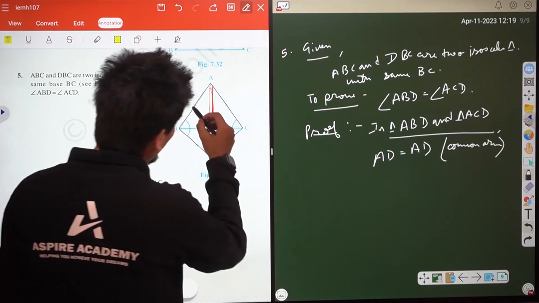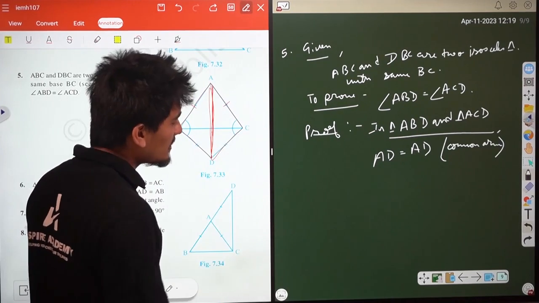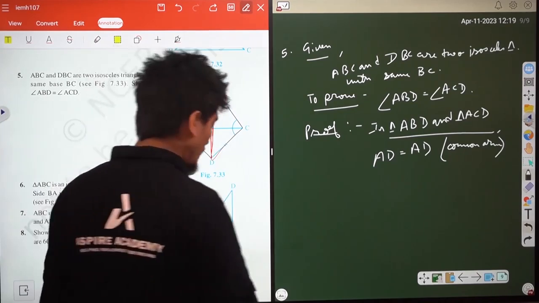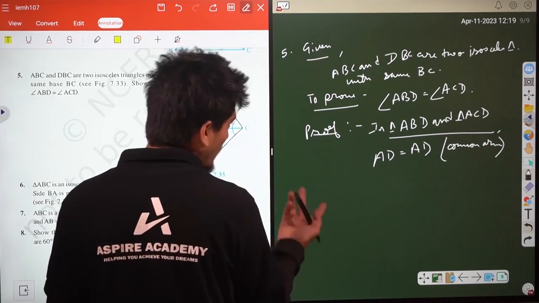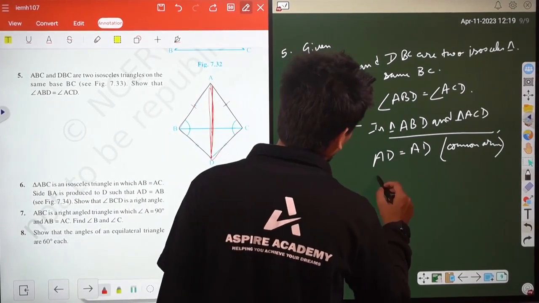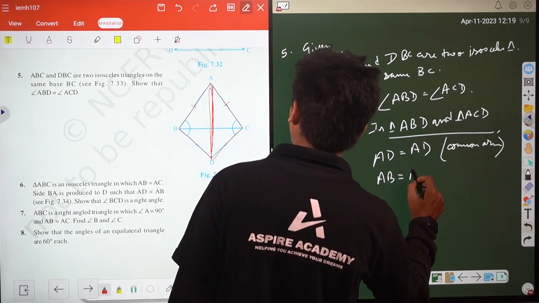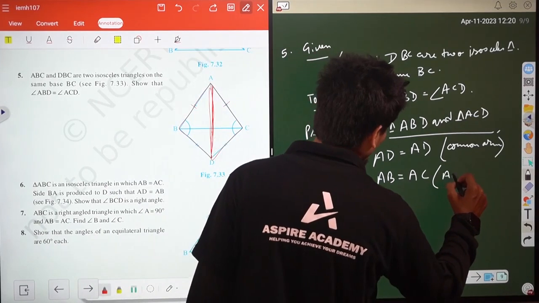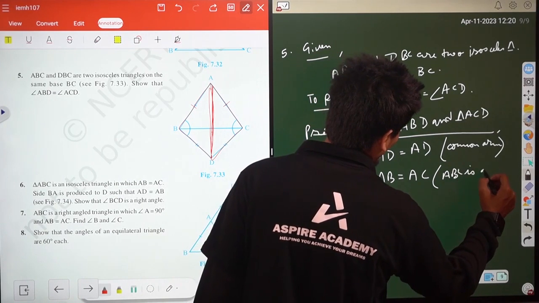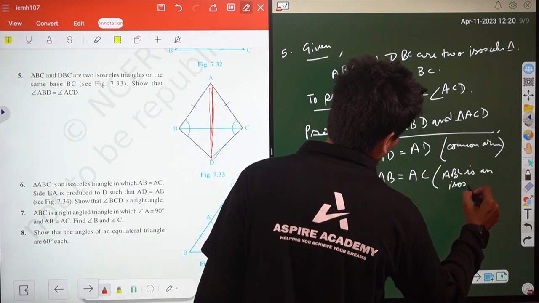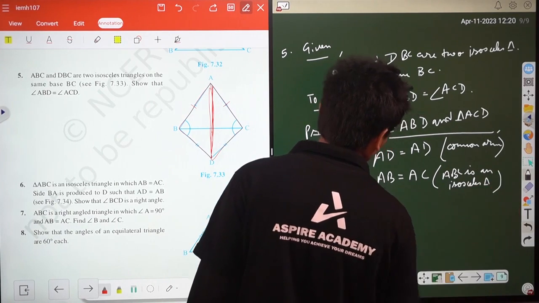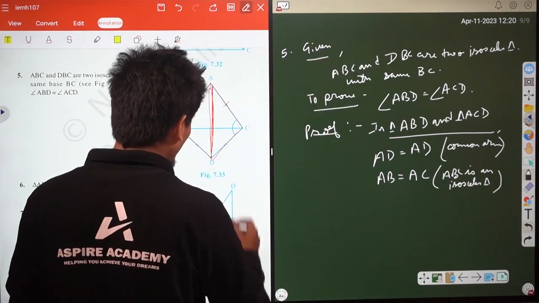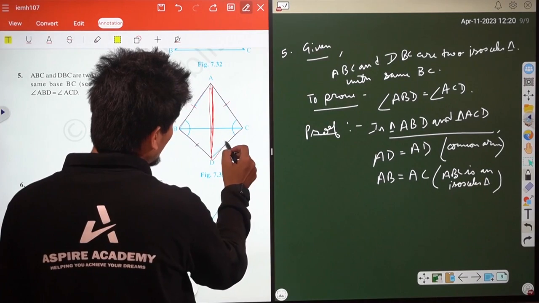Next, we have AB is equal to AC. Since this is an isosceles triangle, the two sides will be equal, and it is already given that AB is equal to AC, since ABC is an isosceles triangle. Next, again see here, BD is equal to CD.